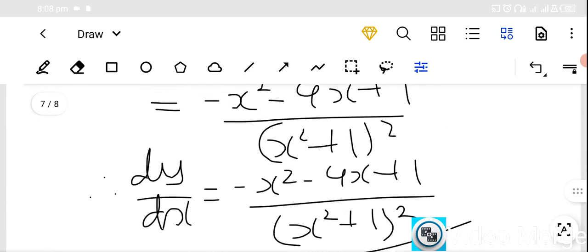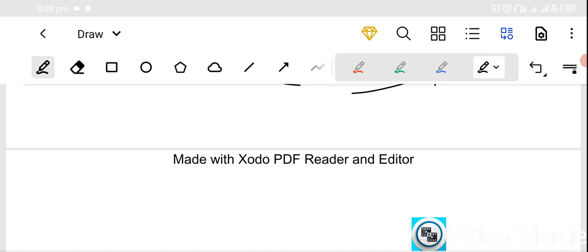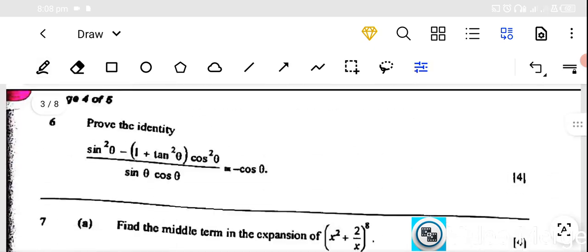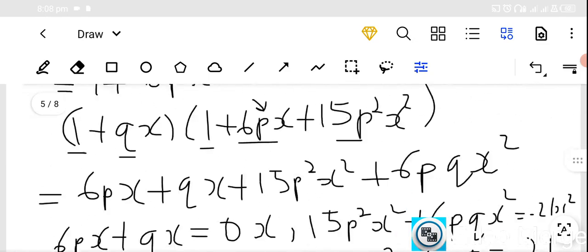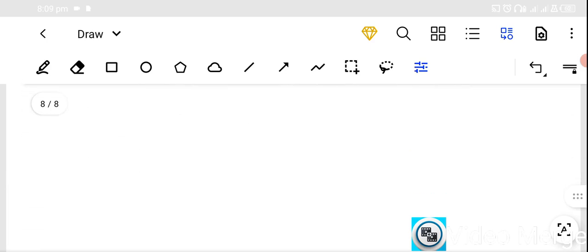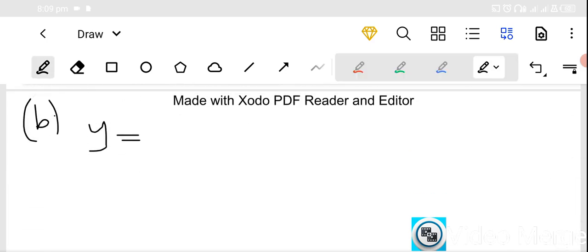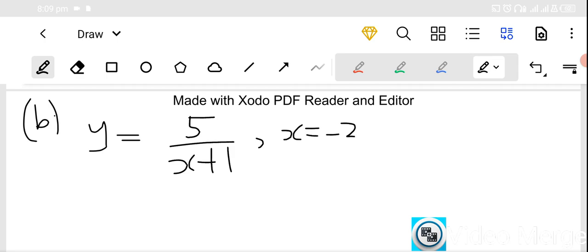So to continue, we'll just write b, and this would become y is equal to 5 divided by x plus 1 at the point where x is equal to negative 2.